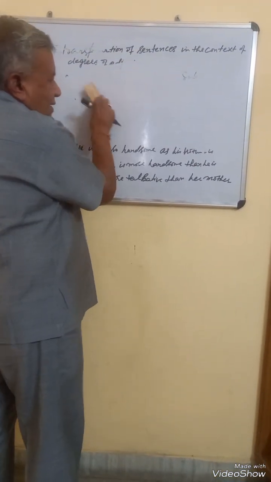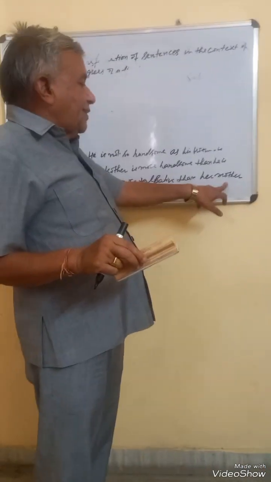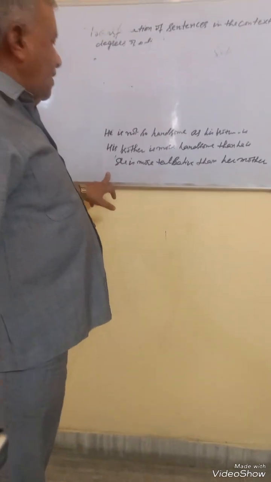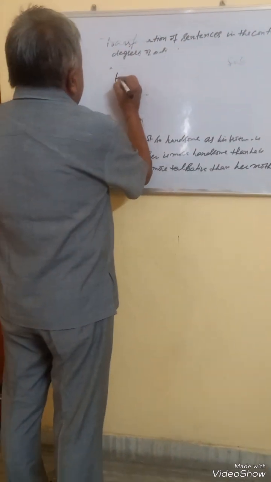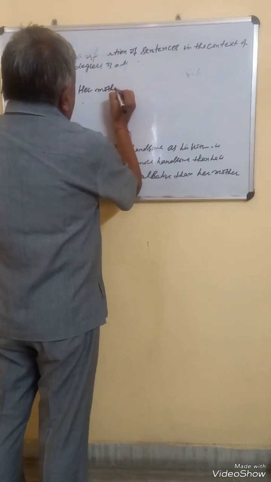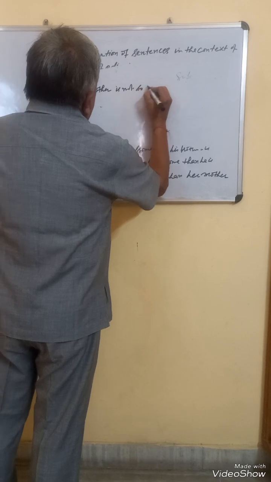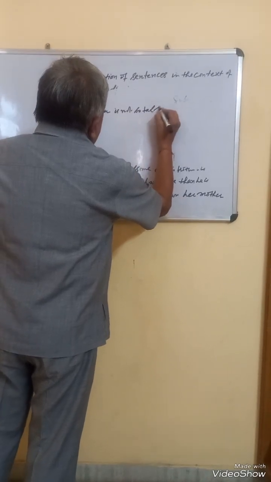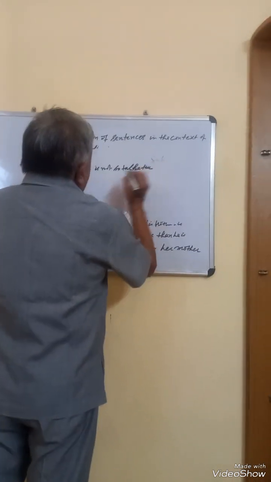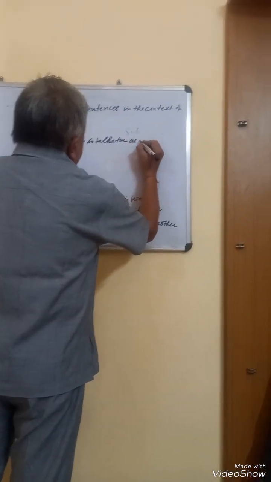So we have to bear in mind that the subject given towards the end of the sentence is brought at the first position. We will say her brother is not so talkative as she is.